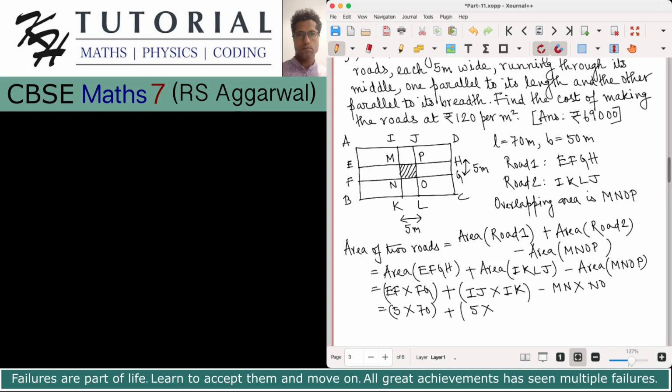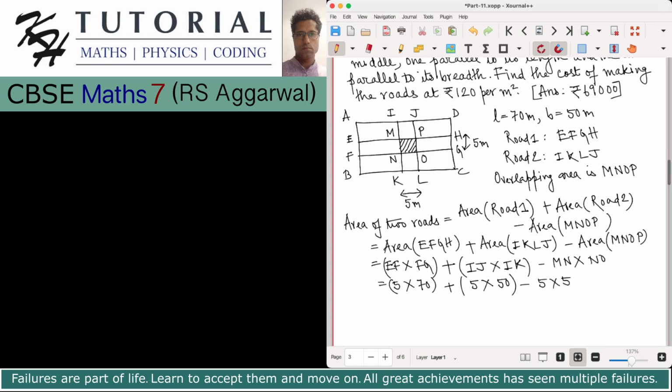IK is the breadth of the lawn, which is 50, and minus MN into NO. MN is basically a square, because all the sides of the overlapping area MNOP are the width of the two roads, which are the same. So this is 5 multiplied by 5, where 5 meter is the width of each of the roads. The unit will be meter square.